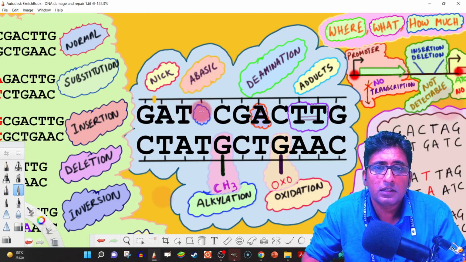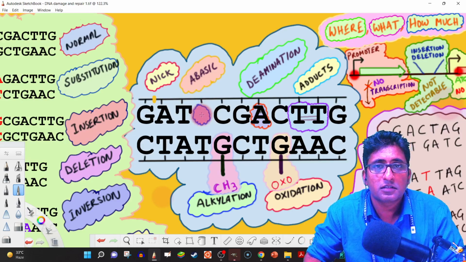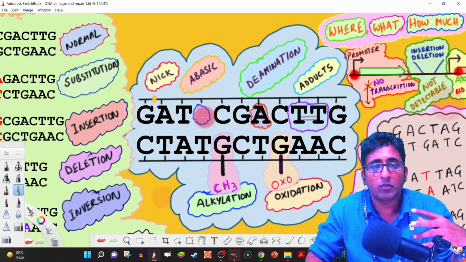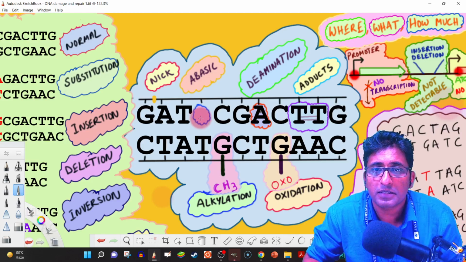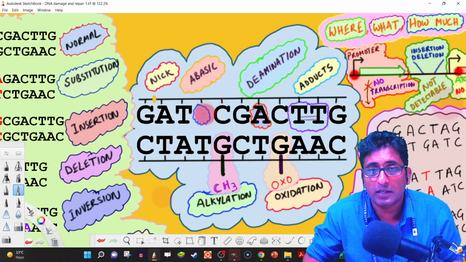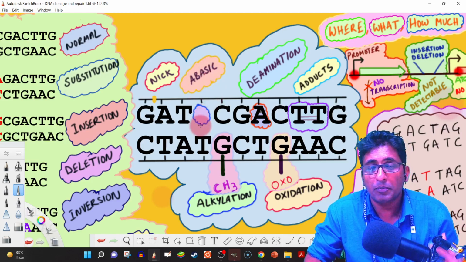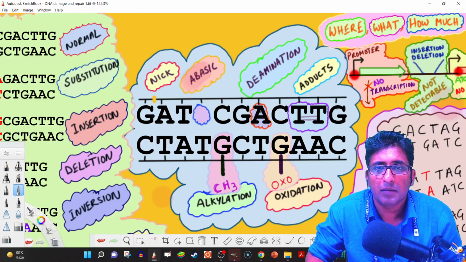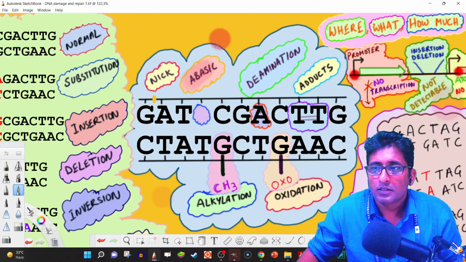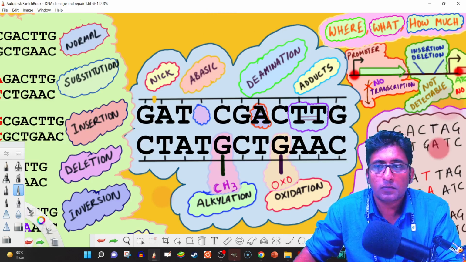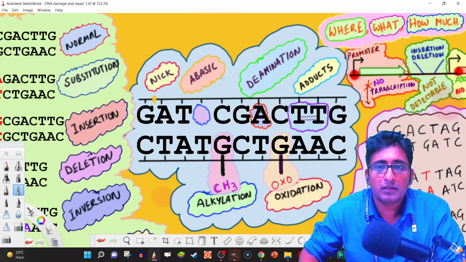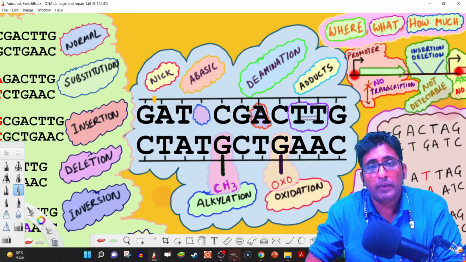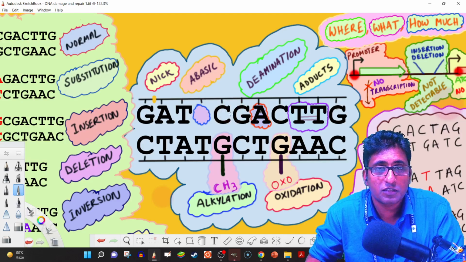There could also be sometimes a cleavage in the glycosidic bond because of which a base might be missing. You call those sites apurinic or apyrimidinic sites, or generally abasic sites. We have several others, not just the whole nitrogenous base missing.